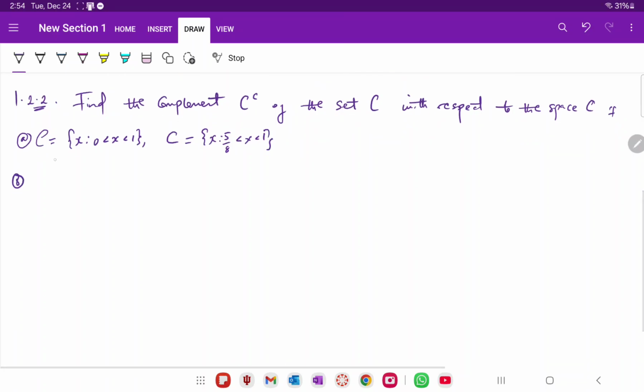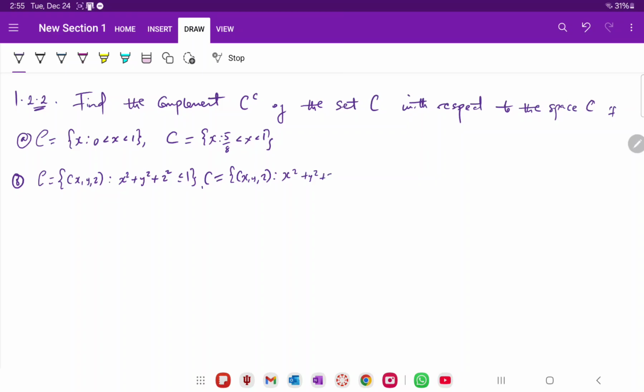And then B, we have our space to be (x, y, z) such that x squared plus y squared plus z squared is less than or equal to 1, and our C is (x, y, z) such that x squared plus y squared plus z squared equals 1.